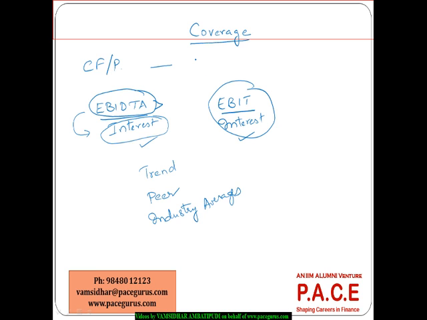And there could be comparisons with what is published by the credit rating agencies to get a broad overview of what should be the target numbers in case the credit rating needs to be increased, or what should be the worst case performance to make sure that the credit rating does not fall below a particular level.